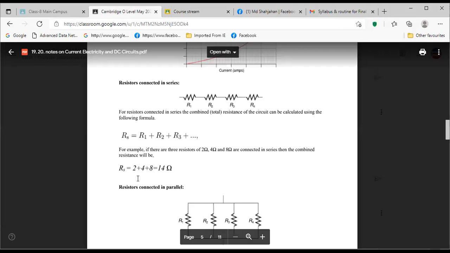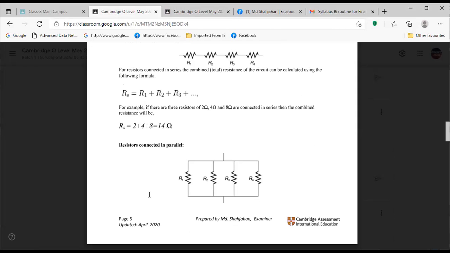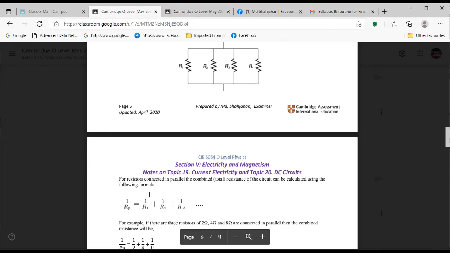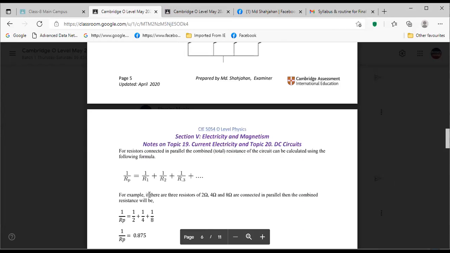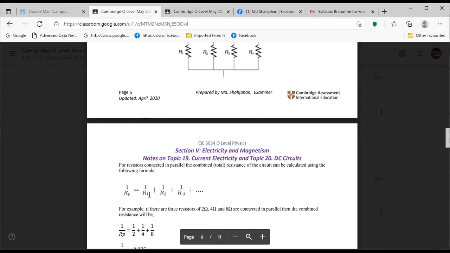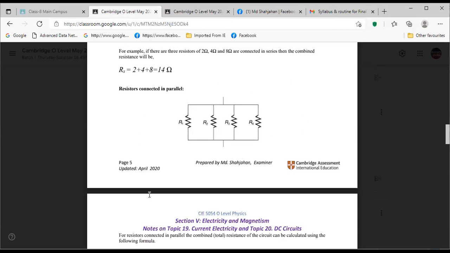Okay. Now, resistors in parallel. You see the diagram, right? Resistors connected in parallel. So parallel means they all are connected.